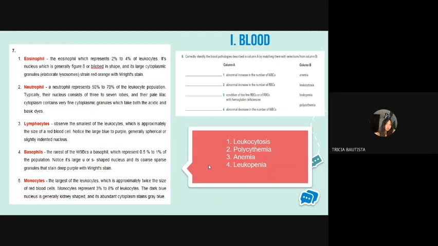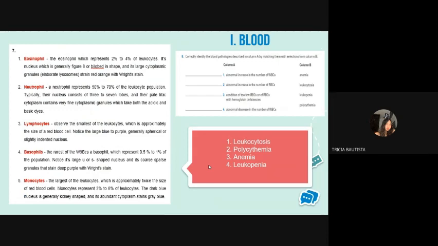Number 3, it's observed the smallest of leukocytes, which is approximately the size of a red blood cell. Notice the large blue to purple, generally spherical or lightly indented nucleus. It is the lymphocytes. The rarest of the white blood cells, a basophil, which represents 0.5% to 1% of the population.